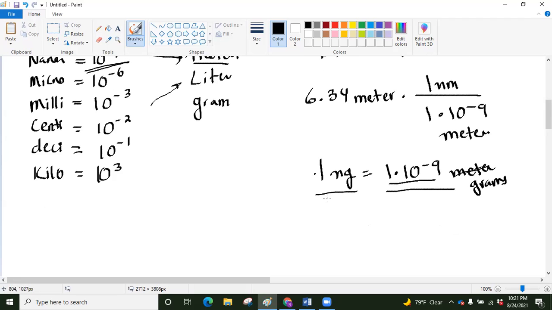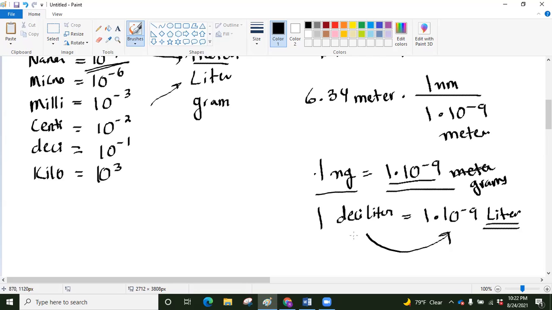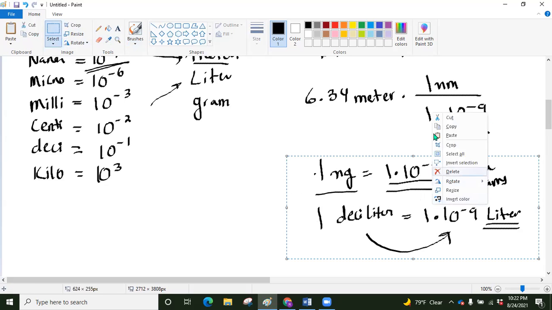Similarly, if I had, let's say, 1 deciliter, that would be 1 times 10 to the negative 1 liters. So you're converting this into the base equivalent, okay? And then you're using that as a conversion factor.